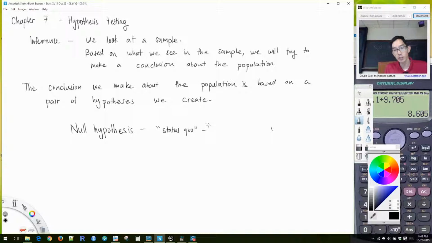Essentially, the null hypothesis is saying that anything you observe in your data can be attributed to random chance. So anything, quote, unusual about your data can just be attributed to random chance.